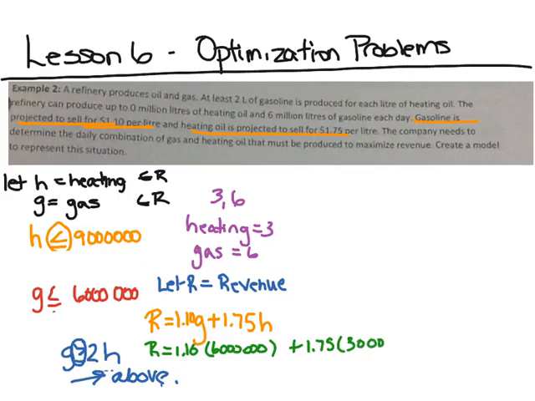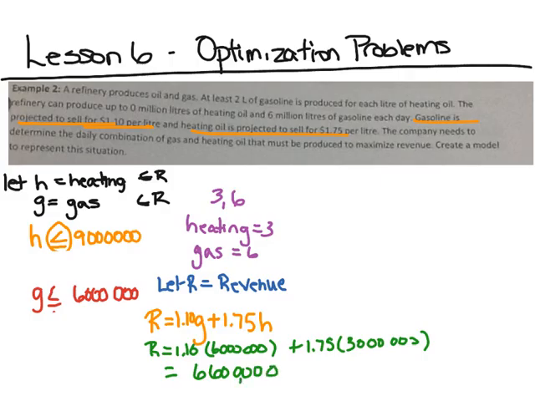So R will be equal to 6,600,000 plus 5,250,000. So altogether it should be $11,850,000. So that is the maximum revenue.